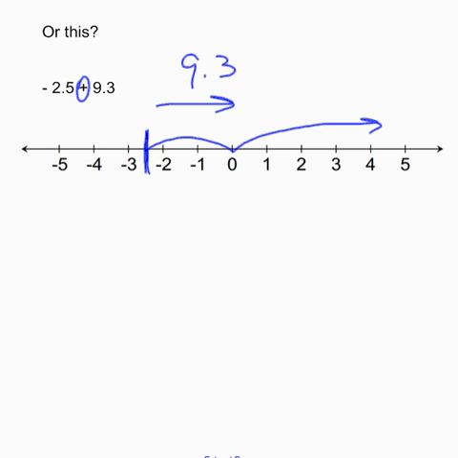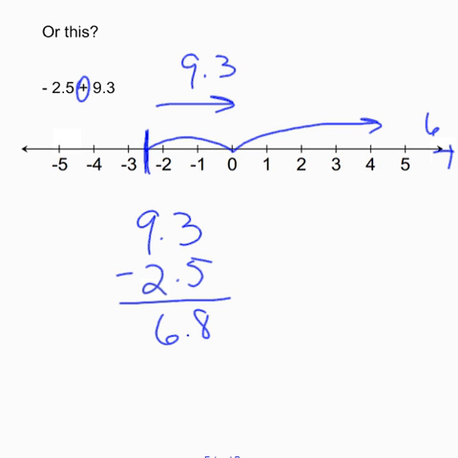To figure out how much I have left to go, I'm going to do 9.3 minus 2.5. That's going to be 6.8. So I'm going to wind up at 6.8 when I'm done. I'm using the number line concept without specifically jumping the steps like we did when we were learning the original ones.